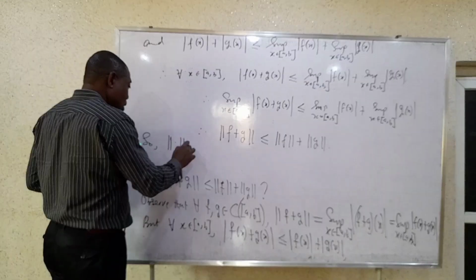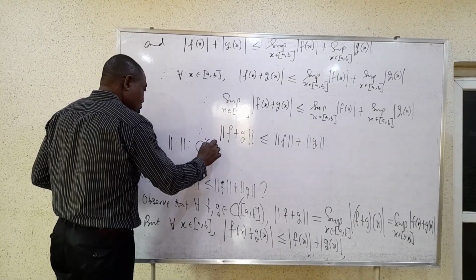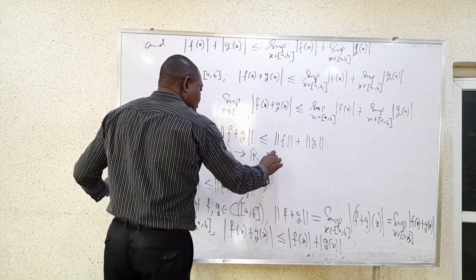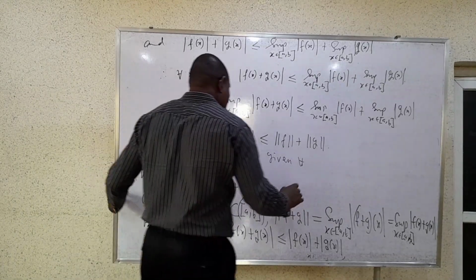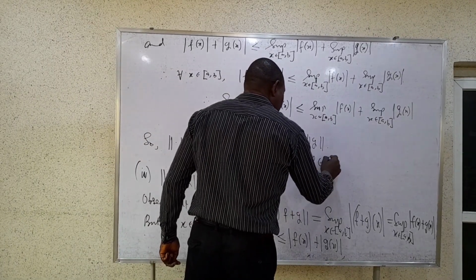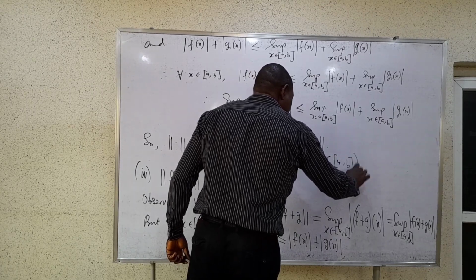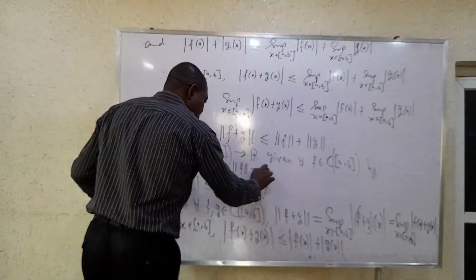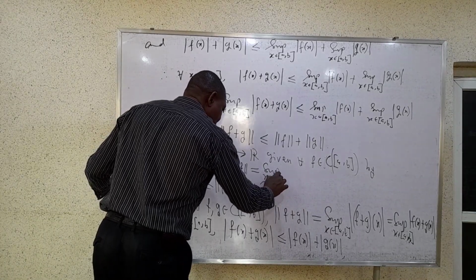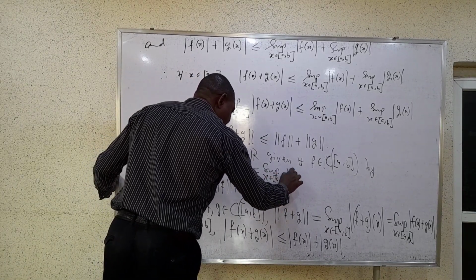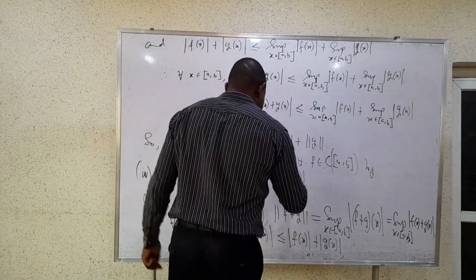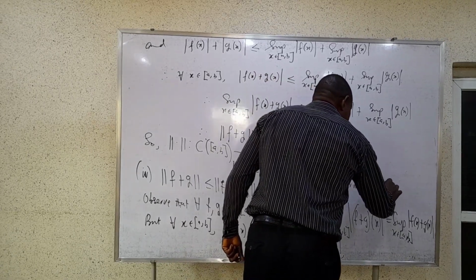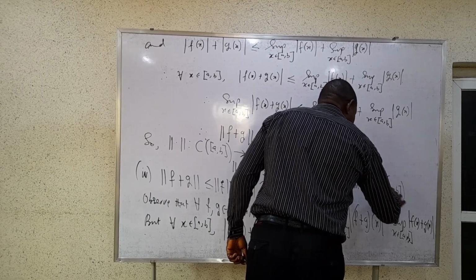So that means therefore, this functional from C[a,b] to R, given for all f in C[a,b] by, when it acts on f, it produces the supremum over x in [a,b] of the absolute value of f(x), is a norm on C[a,b].